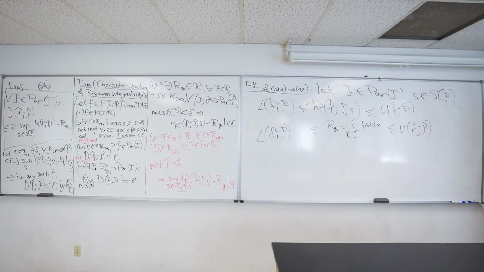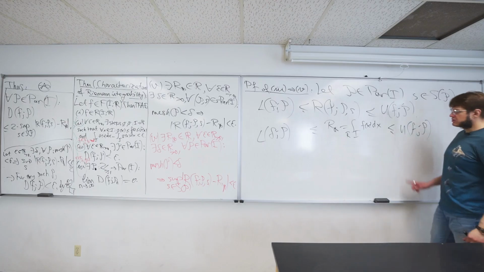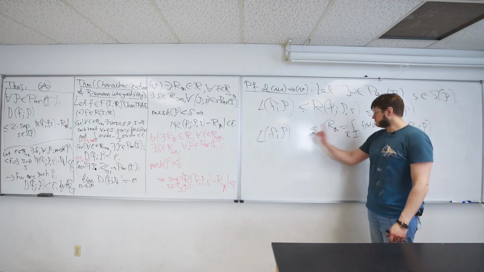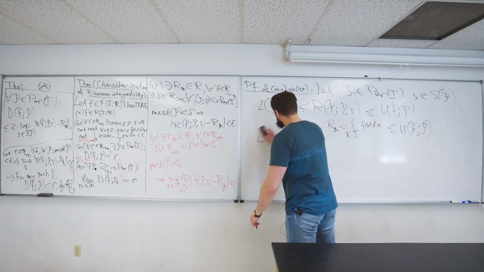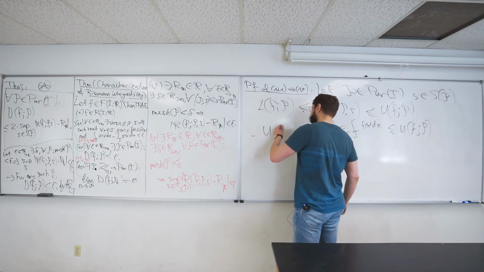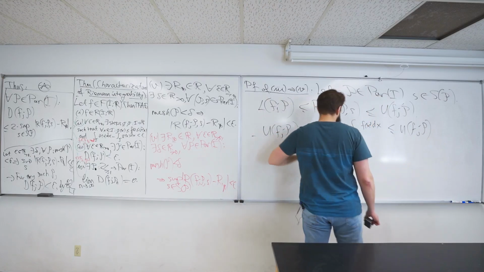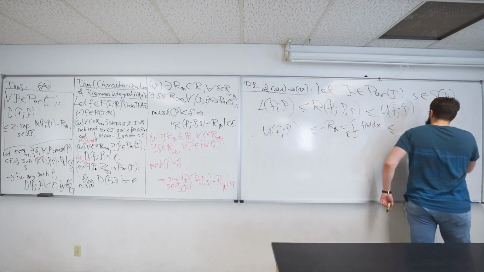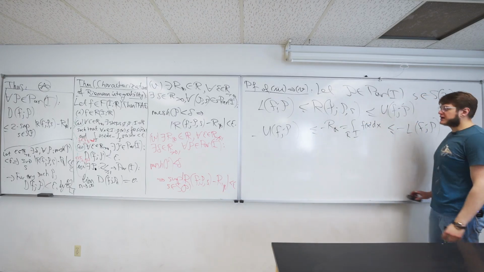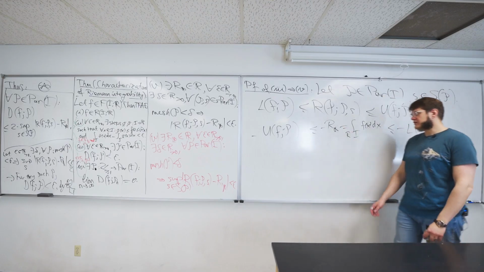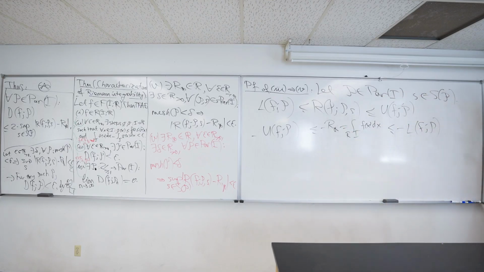Okay? If I were to put minuses, now this would be U, and this would be minus L. Because when you put minuses, you flip the order of the inequalities.